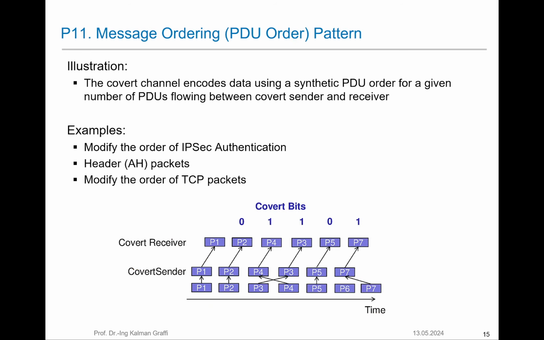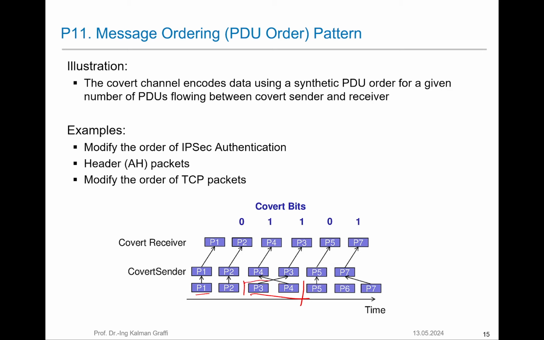Another element where you can use the power of TCP is that it reorders the messages so that they arrive correctly. So if the sender voluntarily and willingly exchanges some of the packets, TCP is recovering that.